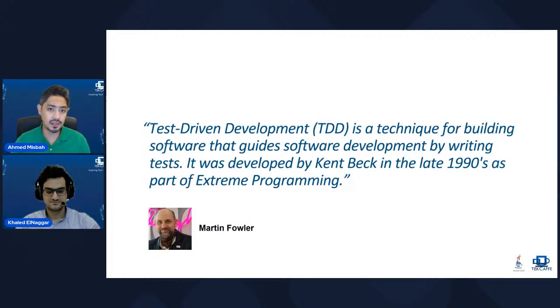And what I like about this definition is that it describes TDD for what it really is. It is a technique for building software, not just for testing software. So you can consider it as a complete software development process for developing and delivering high quality software.